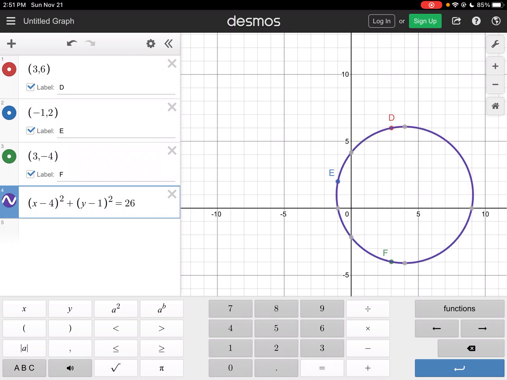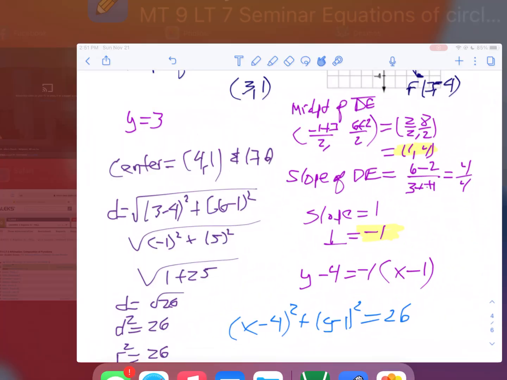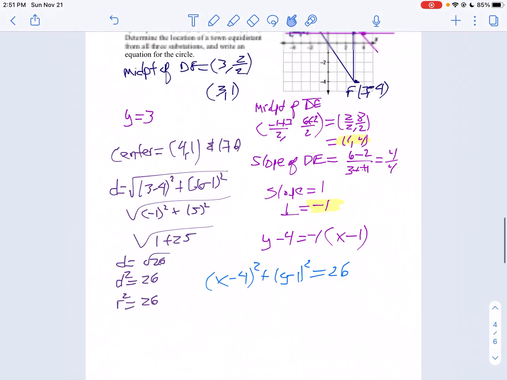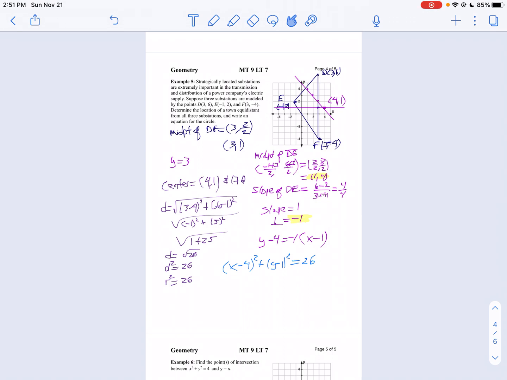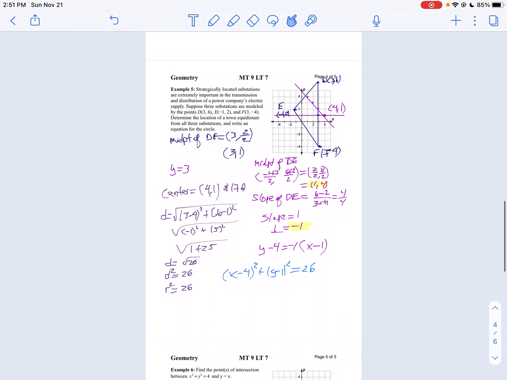And look at that. My circle goes through all 3 points, D, E, and F. So to find the center, if you're given points, what you do is you find the perpendicular bisector of two of your chords. And where those two bisectors intersect, that's the center of your circle.